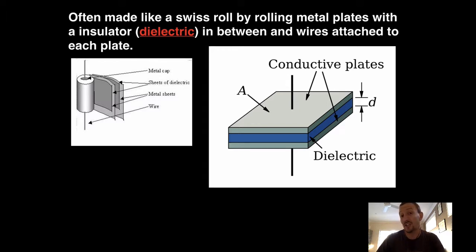The more insulation you've got, the better your capacitance, because it can hold more charge without anything moving across. Also, the closer together you can get the plates also has an effect on the capacitance of the actual capacitor.